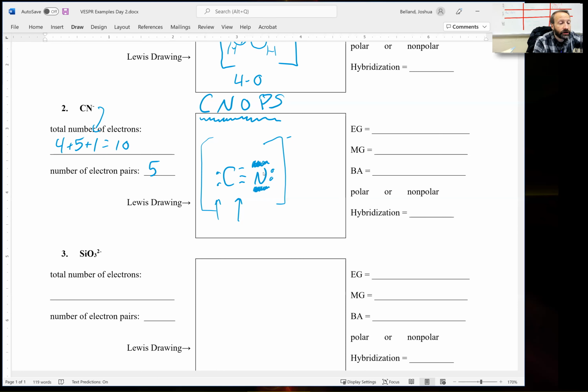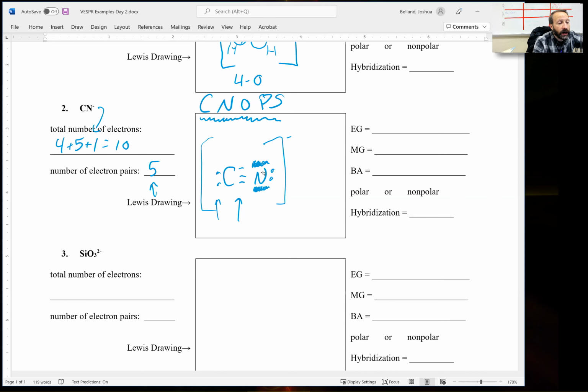I still did the normal drawing steps from last time. It was only after I was done with all 5 pairs that I asked myself, is the center atom, carbon, one of these elements in the synops? If it is, does it have 8? If it does not, which it didn't, I need to make that happen.